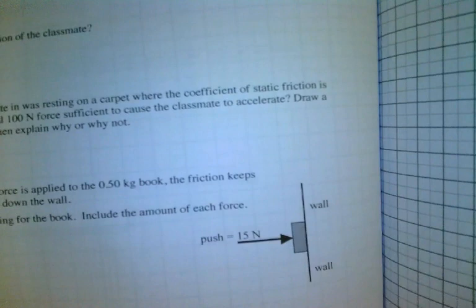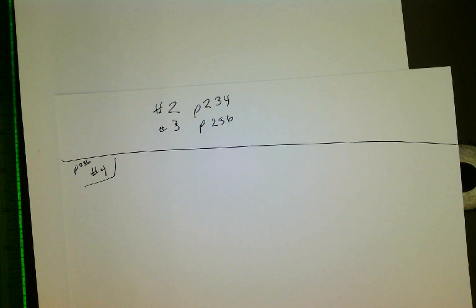Draw a force diagram for that quick. Okay, hopefully I had enough time to do that.